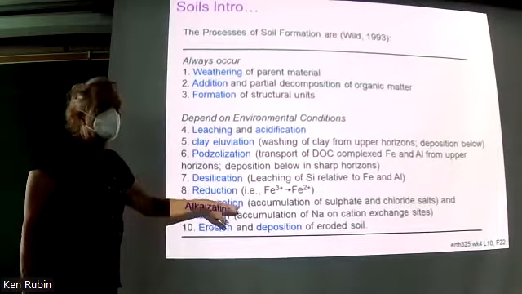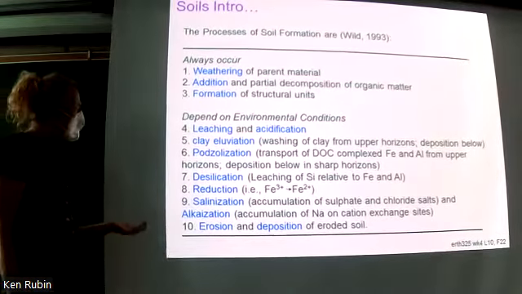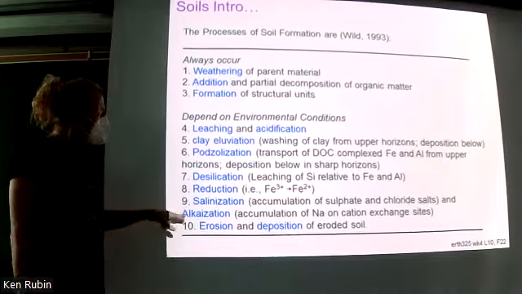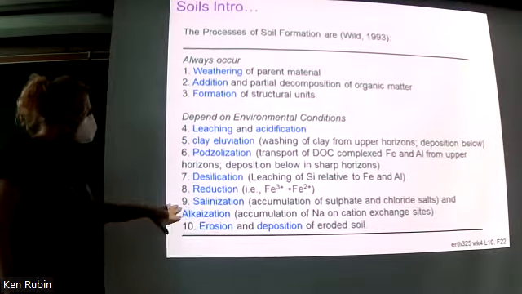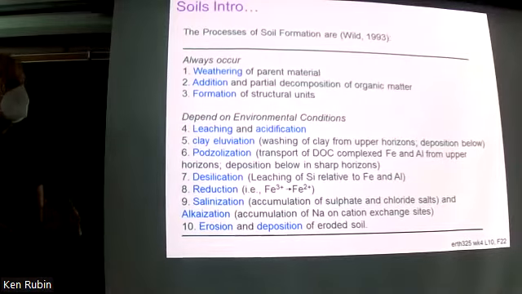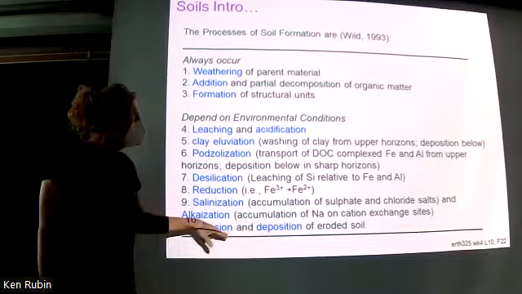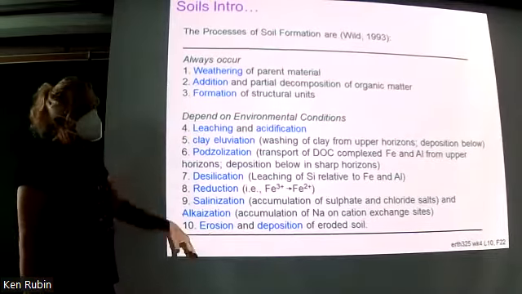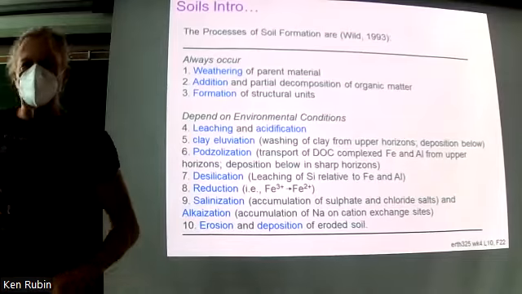We can accumulate salts from water being added and then evaporating out. We can make it more alkali, meaning accumulation of sodium, which comes along with salinization that helps neutralize some of the acid in the soil. And we can have erosion or deposition.